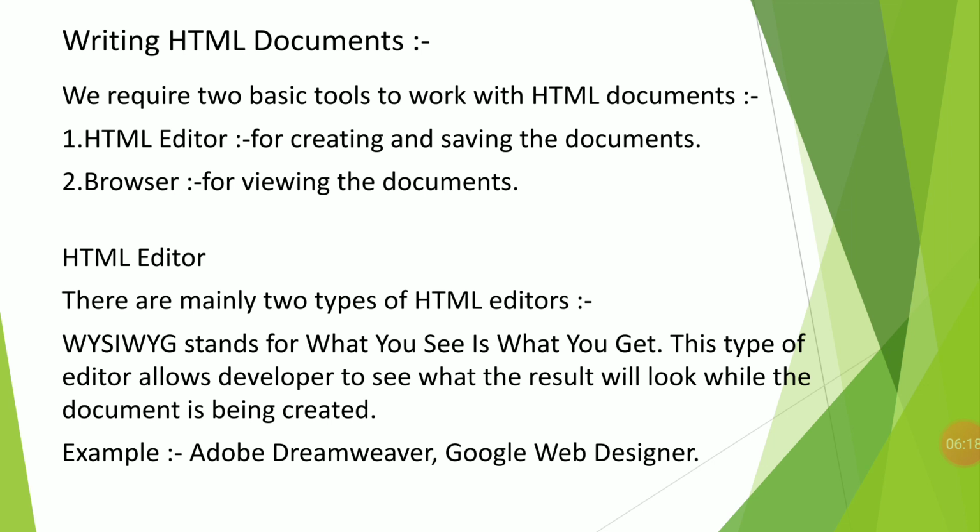While using a What You See Is What You Get editor, the user may not require knowledge of HTML commands, as elements, images, tables, lists, etc. can be placed on the interface and the required HTML code will be added automatically. For example, Adobe Dreamweaver, Google Web Designer. Apart from this, many more software are there.